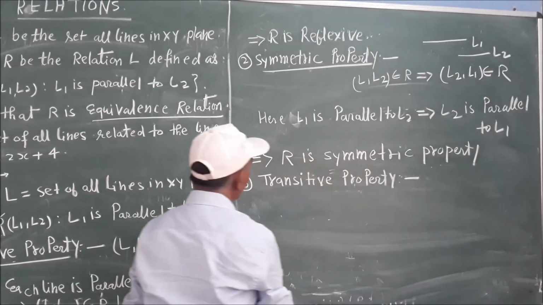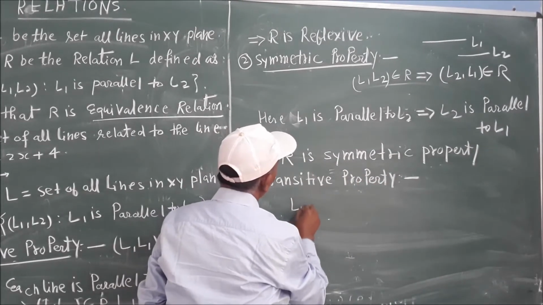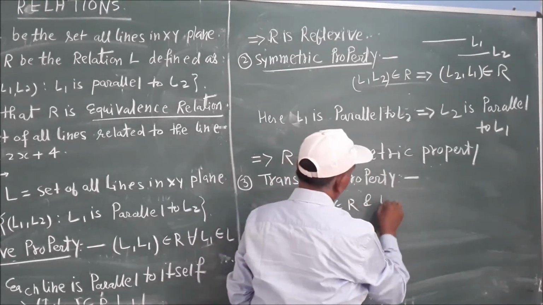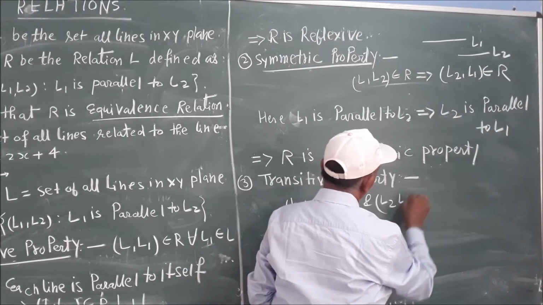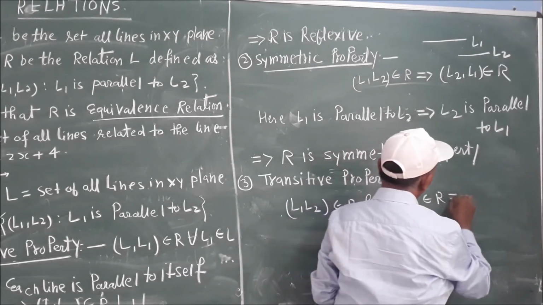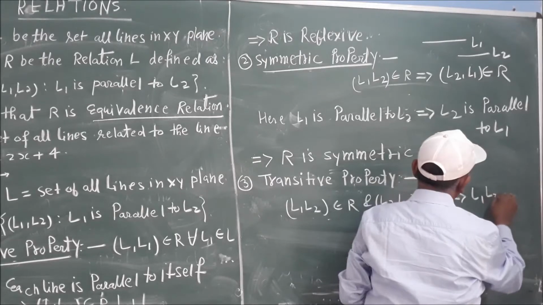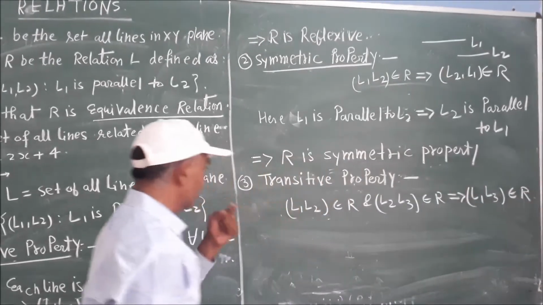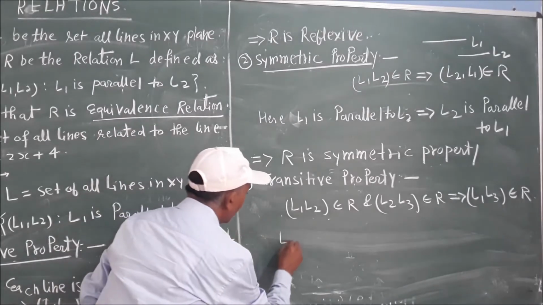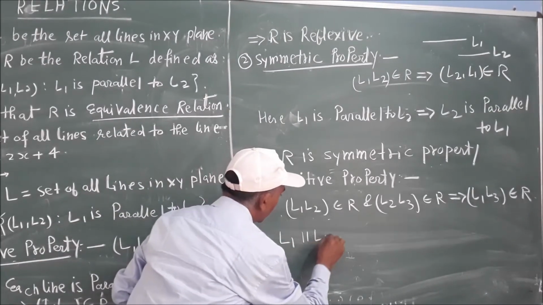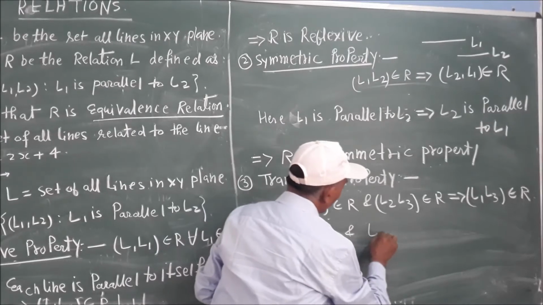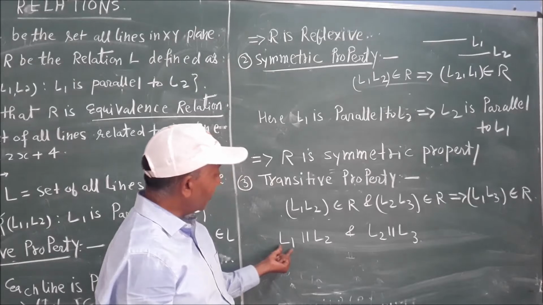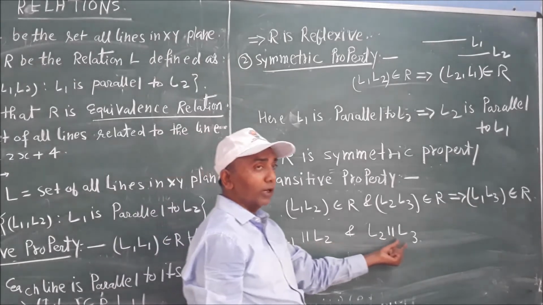For transitive property, (L1, L2) belongs to R and (L2, L3) belongs to R implies (L1, L3) belongs to R. So what is its meaning? It means that L1 is parallel to L2 and L2 is parallel to L3.